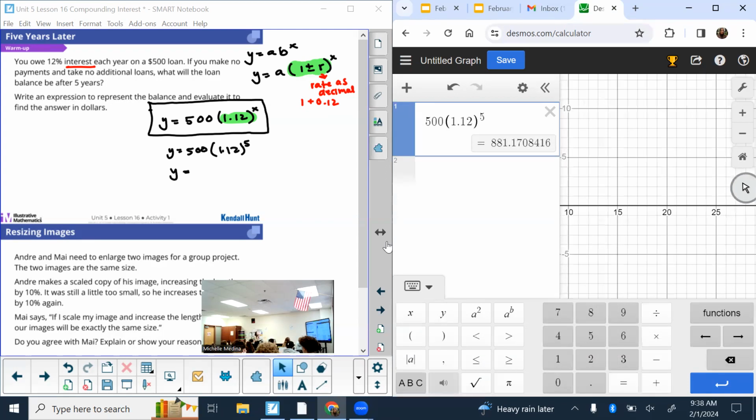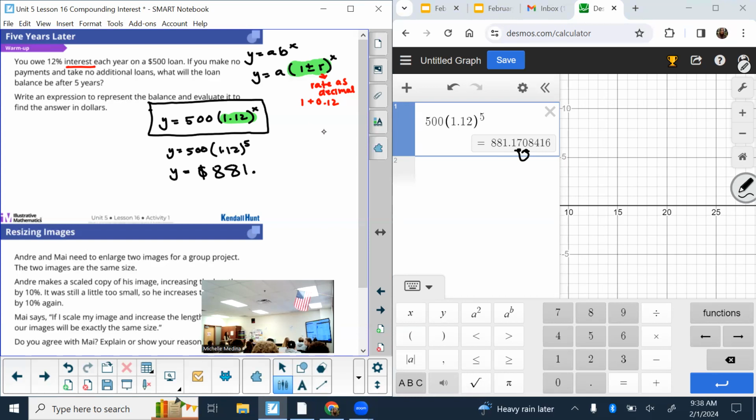Since we're talking about money, round to where it looks like money. So 2 decimal spots. Should it be 0.17 or 0.18? You know they're rounding. So 0.17 or 0.18? 0.17.